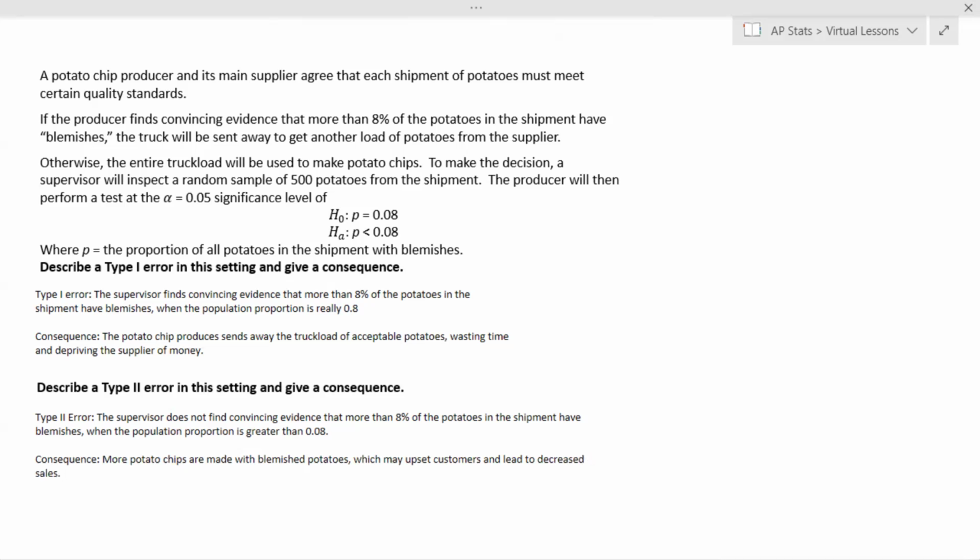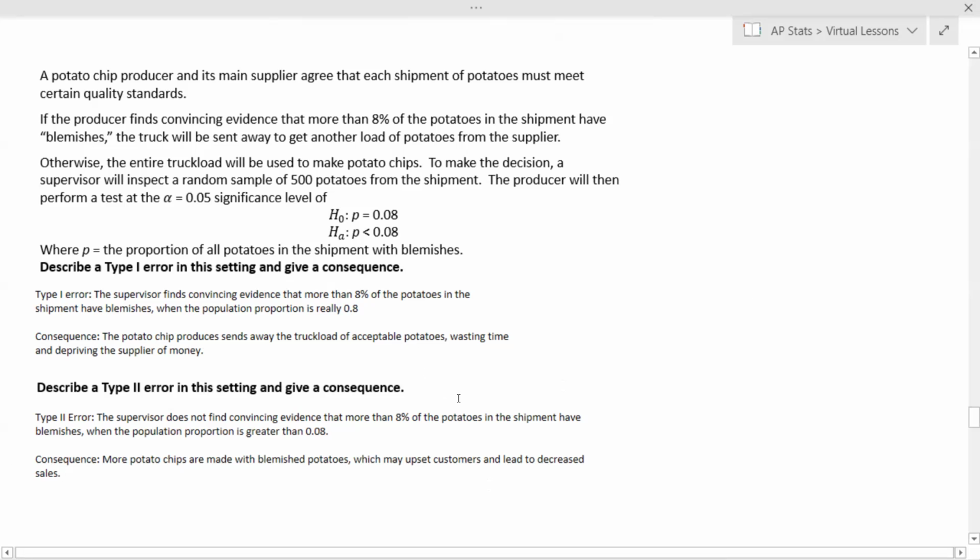Now, for the consequence, there's not always an exact right or wrong answer, so to speak. You basically have to think about it in the context of the problem: what would happen if these were perfectly good potatoes, but we concluded they weren't good, so we got rid of the shipment? Or if we concluded these potatoes were acceptable and they really weren't, what's going to happen in that kind of situation?